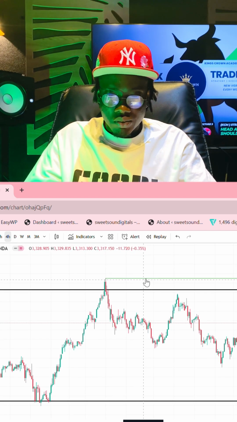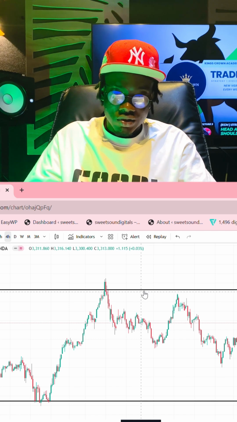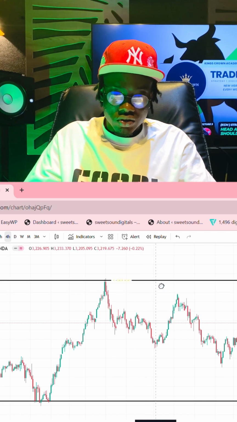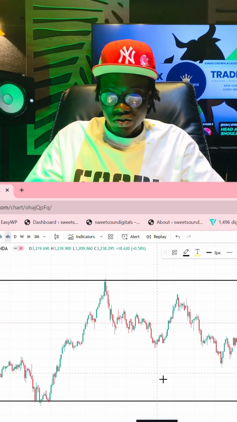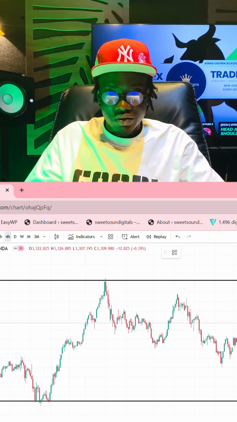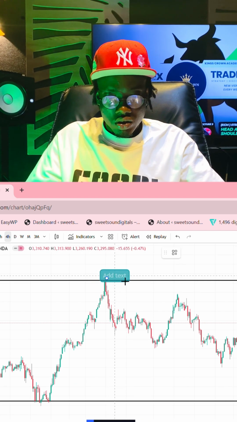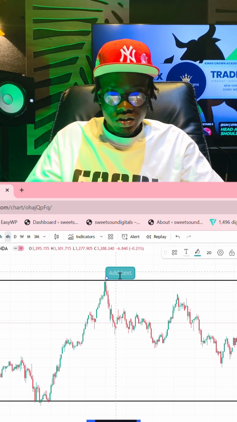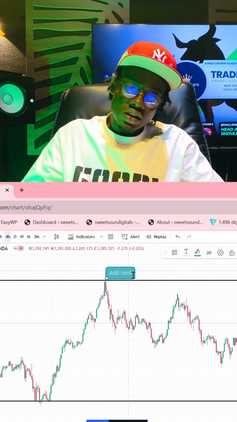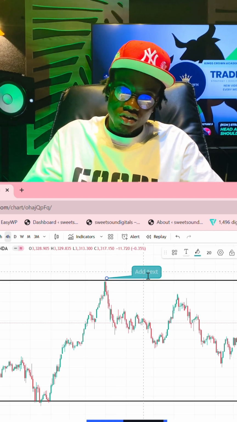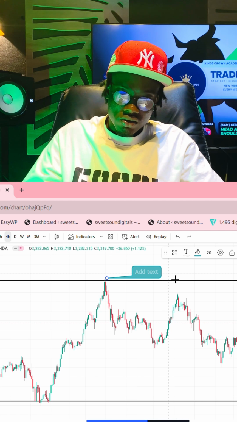So let's see what happened in this price action. These are the external range. Because it's an external range, whatever we are trading inside is considered an internal range.